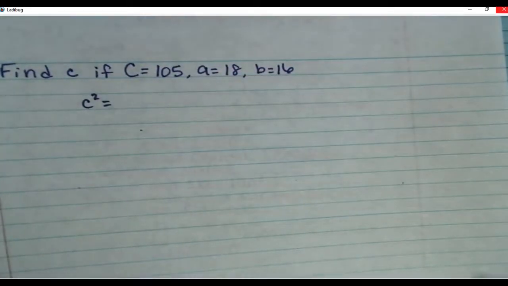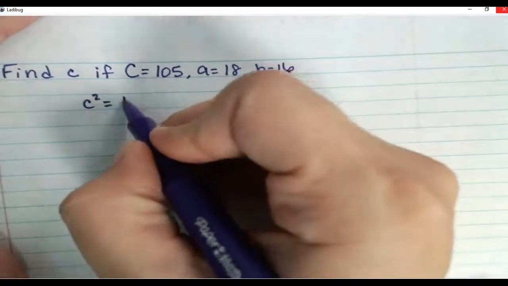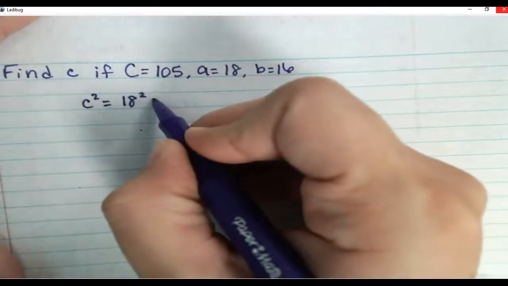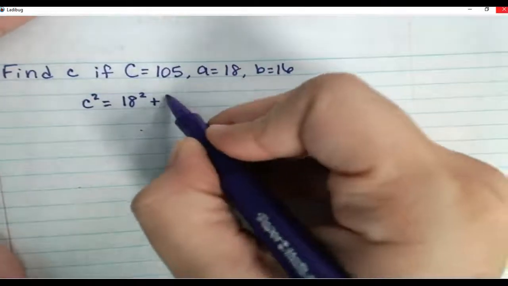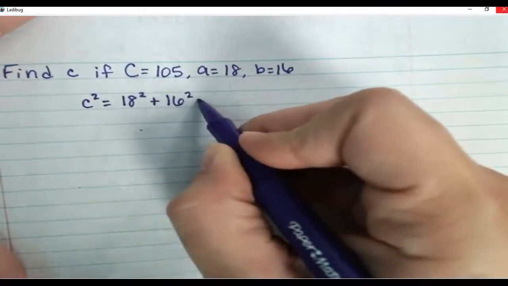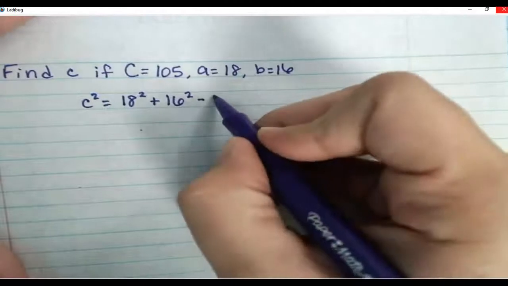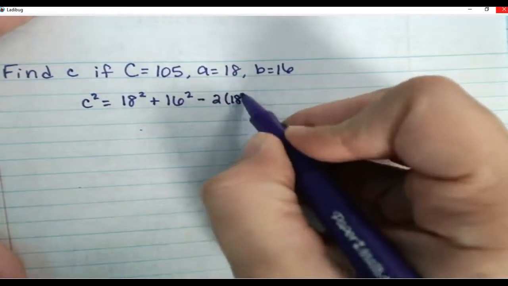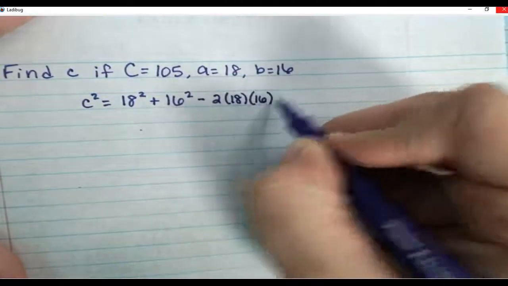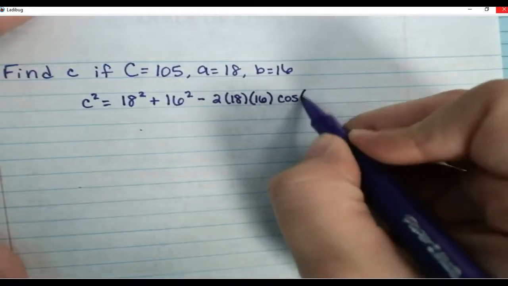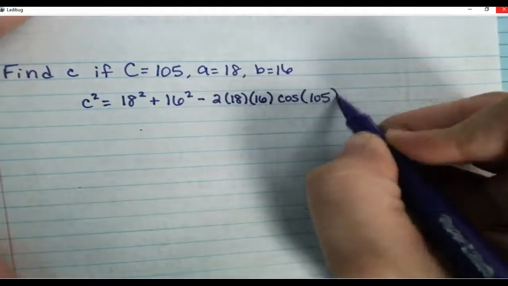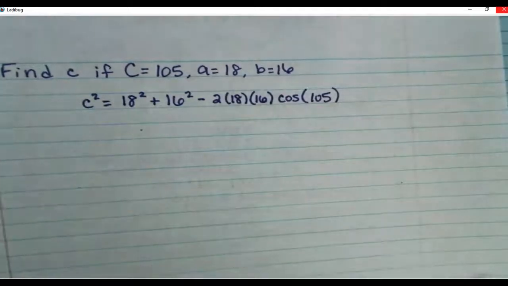So c squared equals, it tells me A is 18, so 18 squared, plus B is 16, so 16 squared, minus 2 times 18 times 16, cosine of big C, which is 105. And of course, if you want to, you can always draw a triangle.